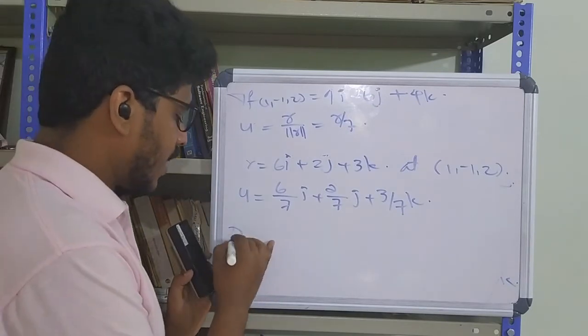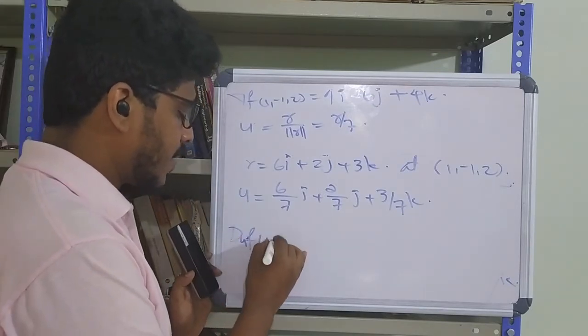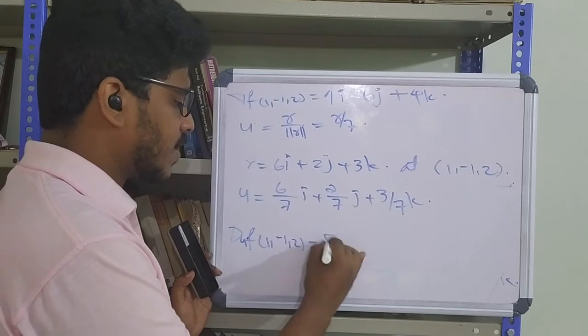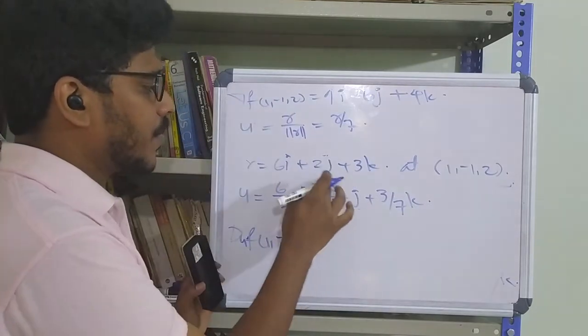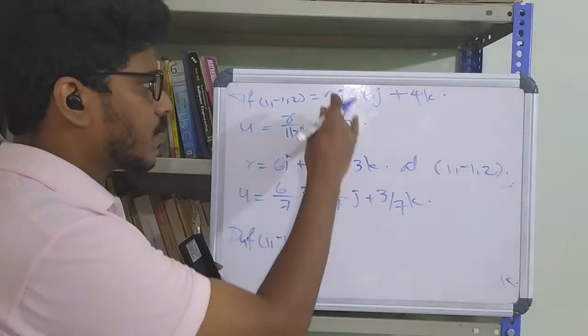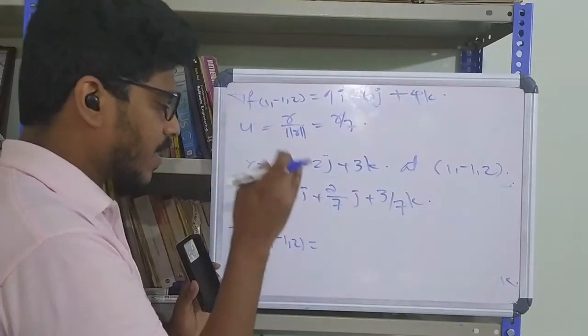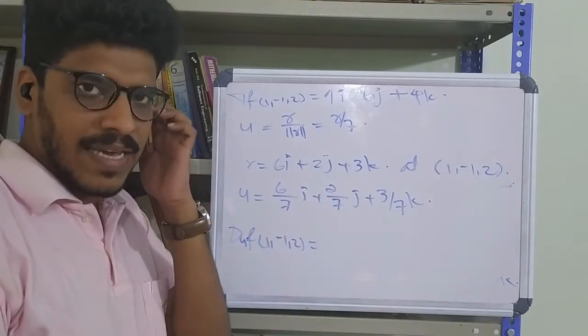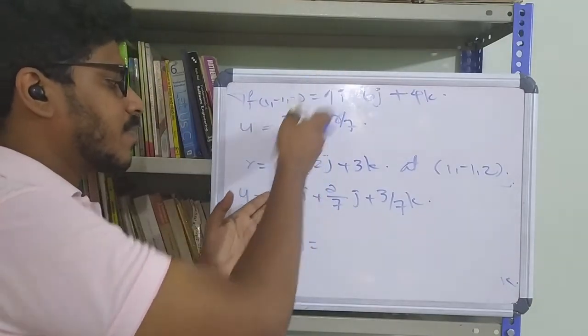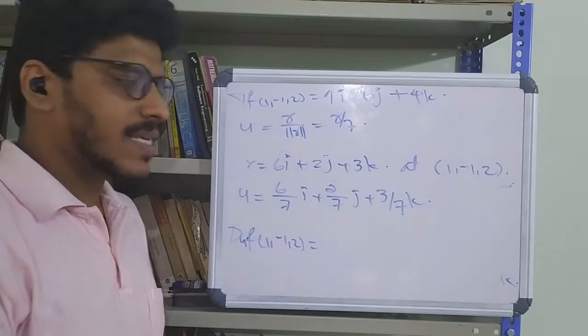Now we can calculate the directional derivative Du f at (1, -1, 2) as grad f dot u. Grad f is here, u is here. So (9i minus 6j plus 4k) dot (6 by 7 i plus 2 by 7 j plus 3 by 7 k). You know how to calculate the dot product: simply multiply corresponding terms and add.